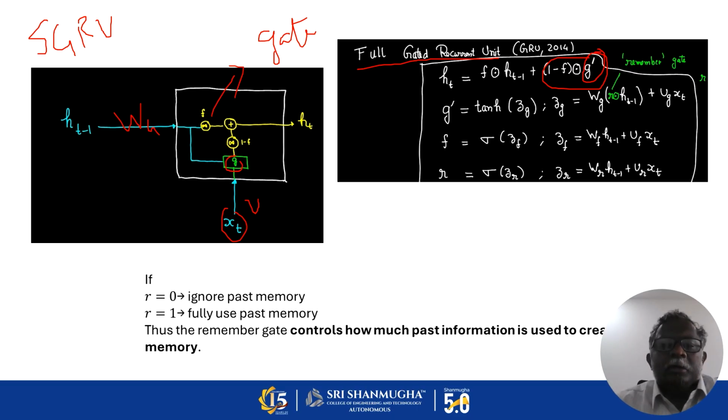The GRU lies between simple RNN and LSTMs. For example, RNN will take care of 20 sequences, and this will take care of 70 sequences. LSTM will take care of even more sequences, because as we see in fully gated networks, we have many parameters.